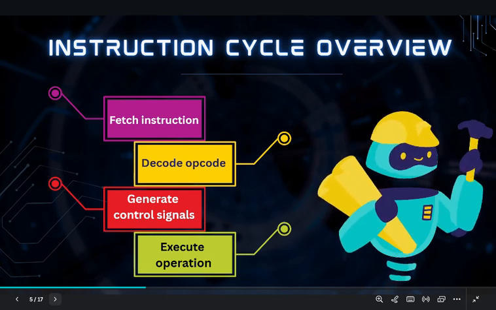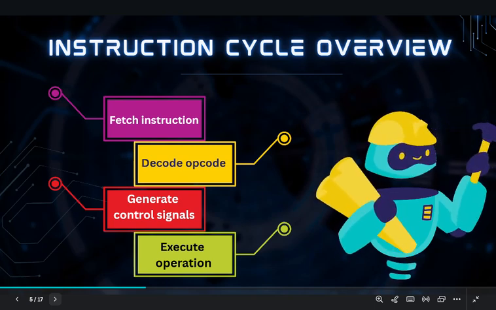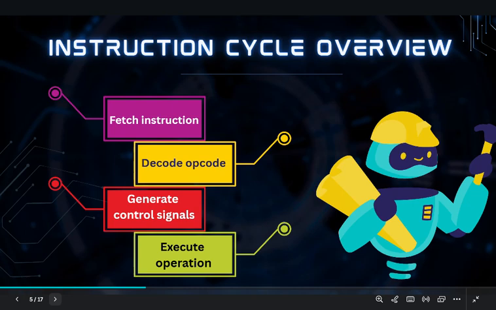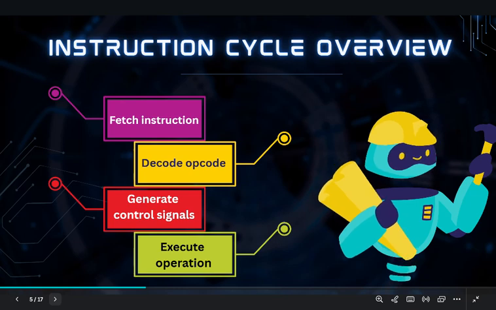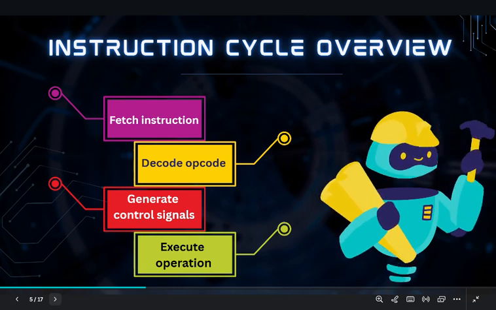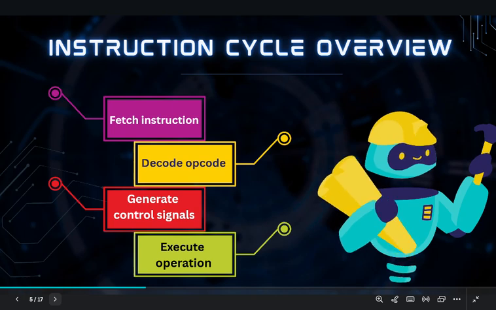In decode, the opcode is interpreted by the instruction decoder. In generate control signals, signals are produced to activate the right components. And finally, in execute, the instruction is carried out by the hardware. Among these, the decoding phase is the most crucial because it determines what operation is to be performed next.